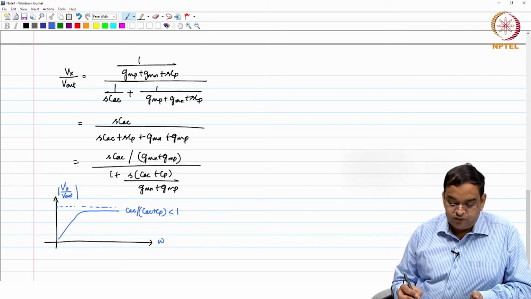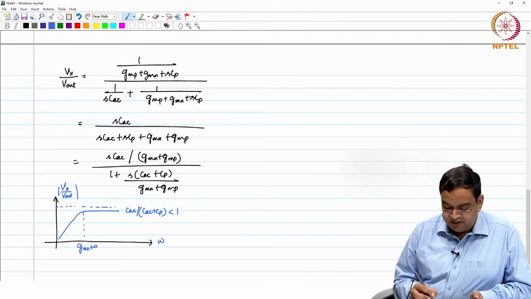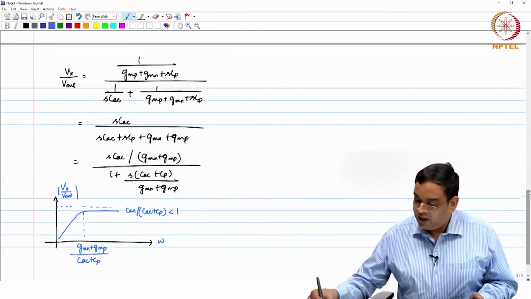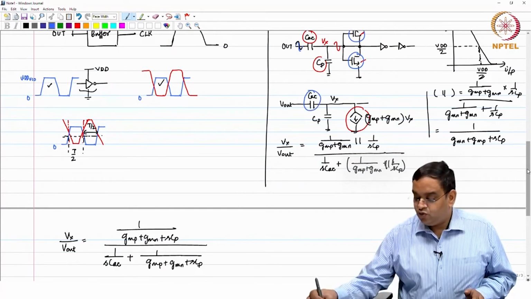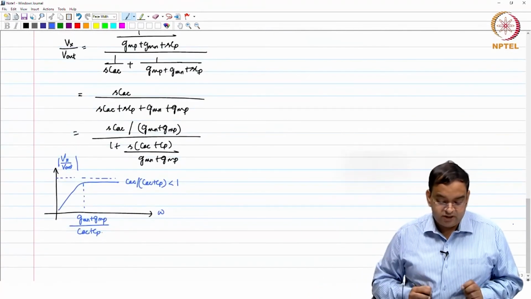Okay. And the pole frequency happens to be at GMN plus GMP divided by CAC plus CP. So, when you are choosing this capacitor CAC, you need to understand this transfer function.